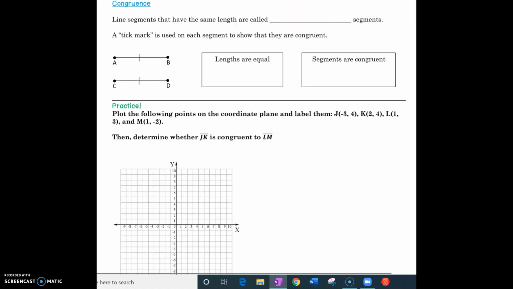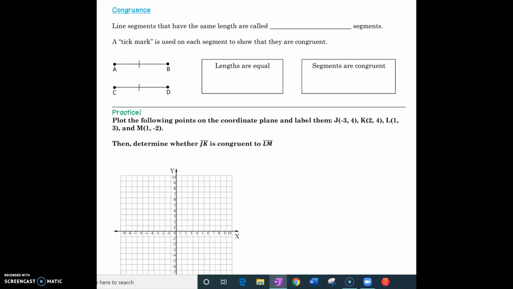Next, we're going to talk about congruence. So line segments that have the same length are called congruent segments. So congruent segments are segments that have the same length. A tick mark is used on each segment to show that they are congruent.